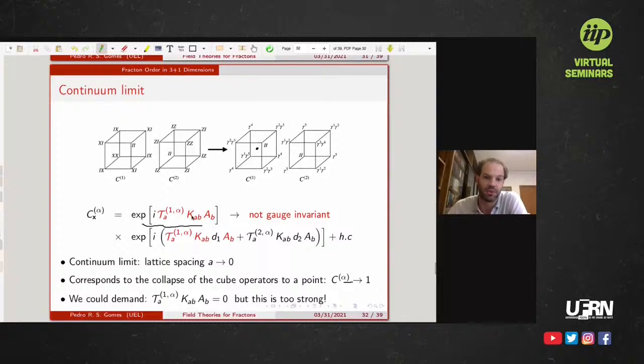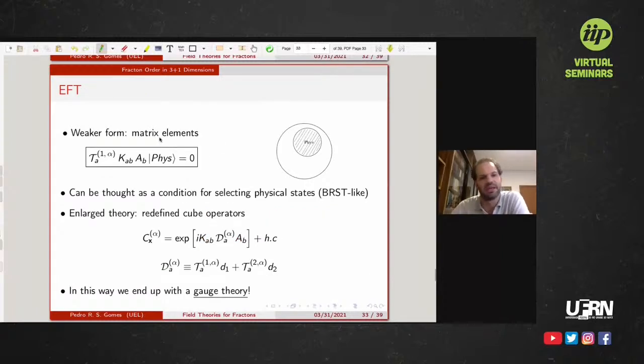So we could try to demand that this combination vanishes, but this is too strong to produce a consistent field theory, all right? So we can do this in a weaker form in terms of matrix elements. So instead of imposing this at the operator level, we impose this condition in terms of matrix elements. This is more or less like BRST quantization of gauge theories and can be thought of as a condition for selecting physical states, right?